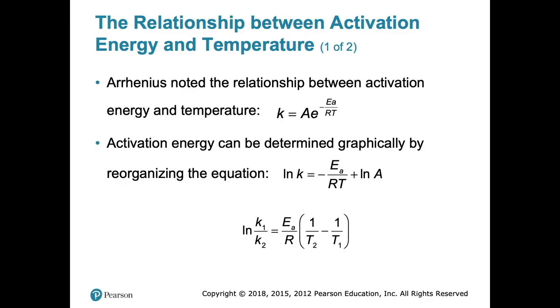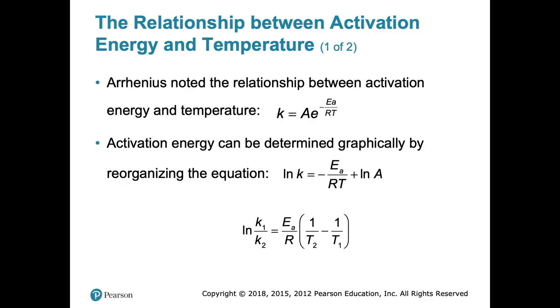And then you can also rearrange the equation again. If you have both rate constants and you have the temperature you began at and the temperature you ended at, then you can also solve for activation energy there too. So this is the only equation you need to know for this part.